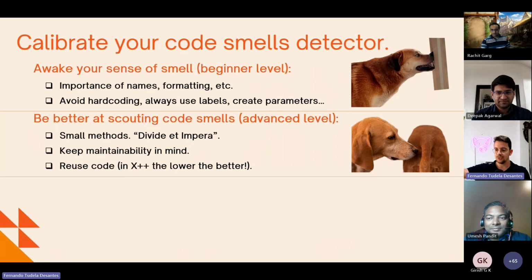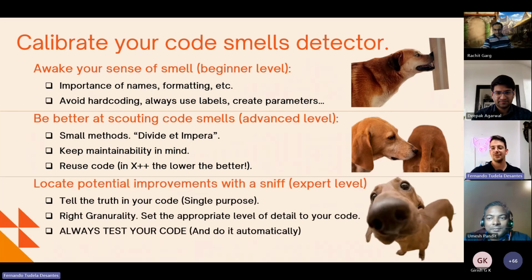And the ultimate, this little guy from here, he's just smelling everything. If you have drugs in your luggage, you are doomed with this guy, because he has trained his code smell detector, his nose, a lot.